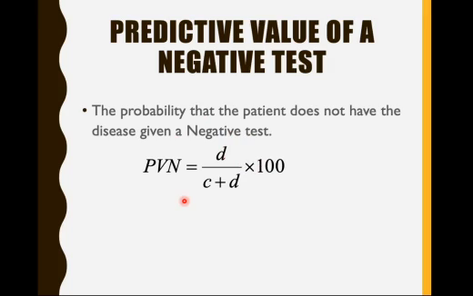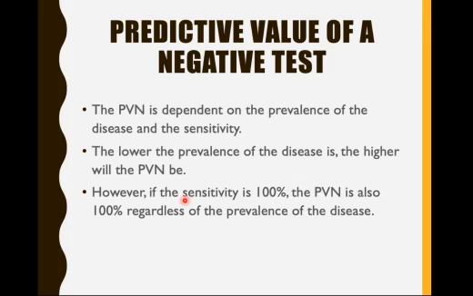Okay. So again, the predictive value of a negative test is dependent also on two things: the prevalence of the disease and the sensitivity this time. Now, if the prevalence of the disease is low, then the predictive value of a negative test will be high.